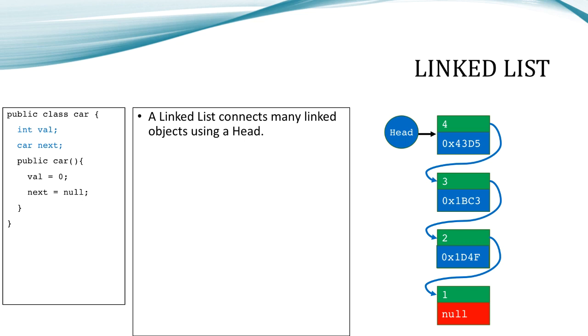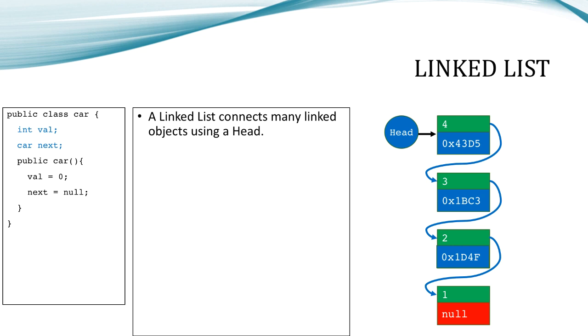This object points to another object which contains 3. That in turn points to the object containing 2, and so on. If you notice, the last object in this list or chain, dot next, would be null. That should point to nothing.